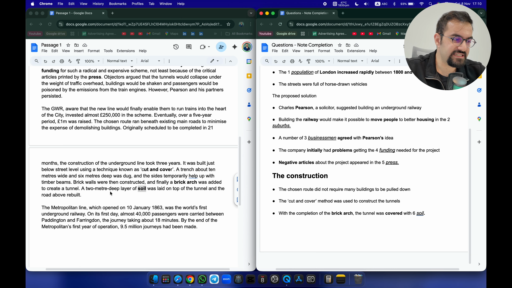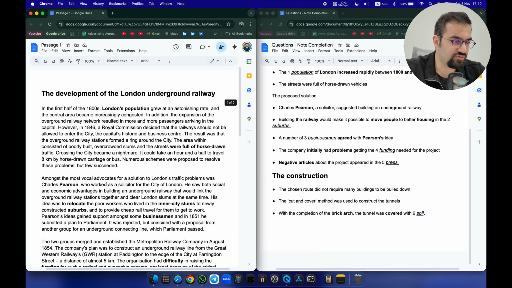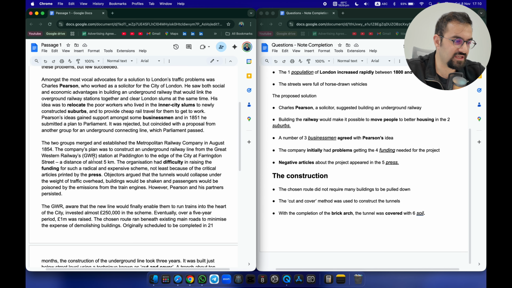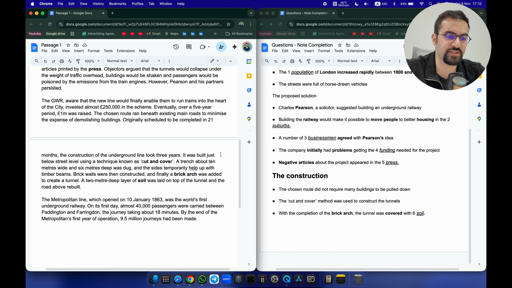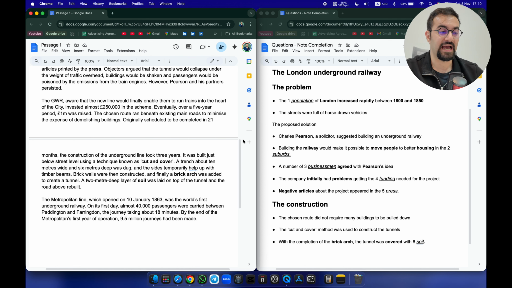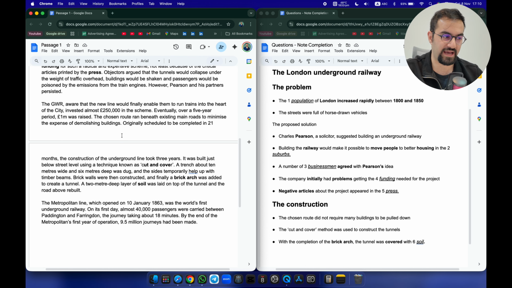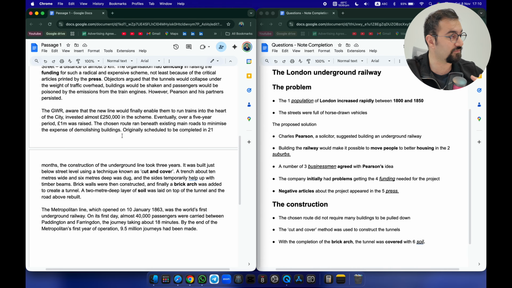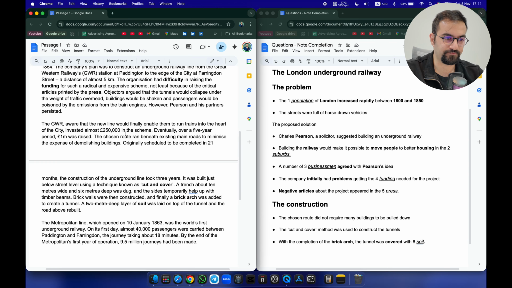Now, you can see that we only had to read 1, 2, 3, 4 paragraphs to answer 6 questions, and all of these 4 paragraphs were the first 4 paragraphs. So we didn't read anything from the middle, and we didn't read anything from the end of the passage.